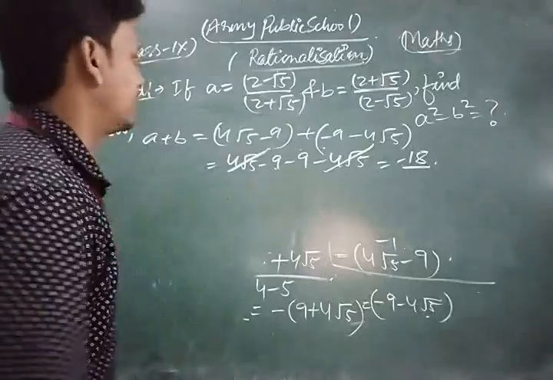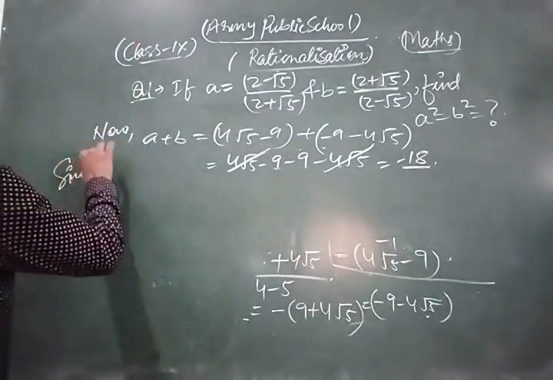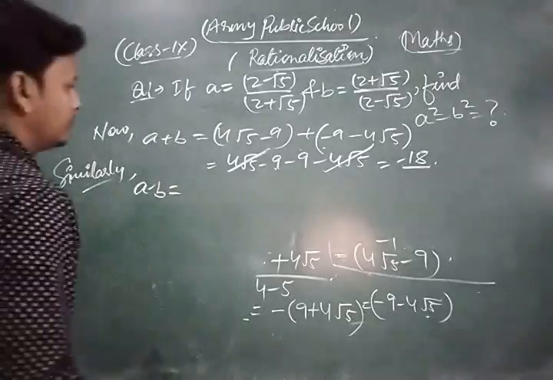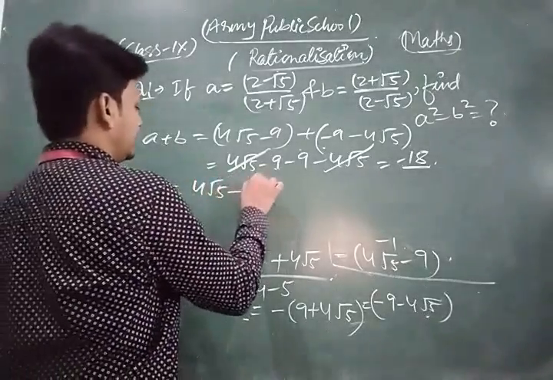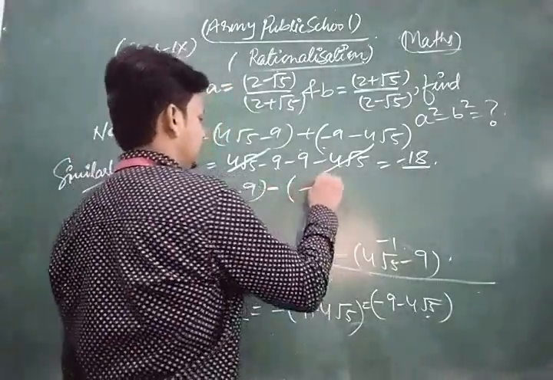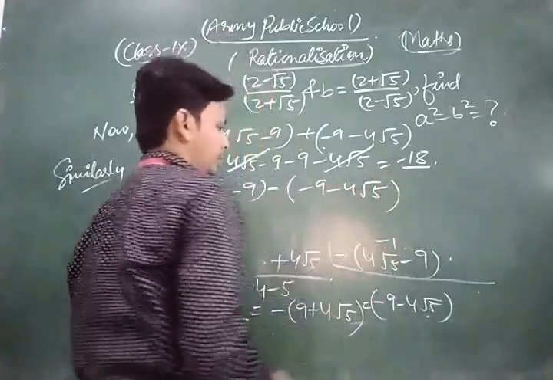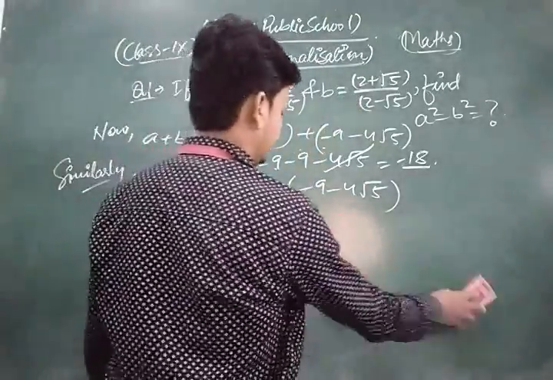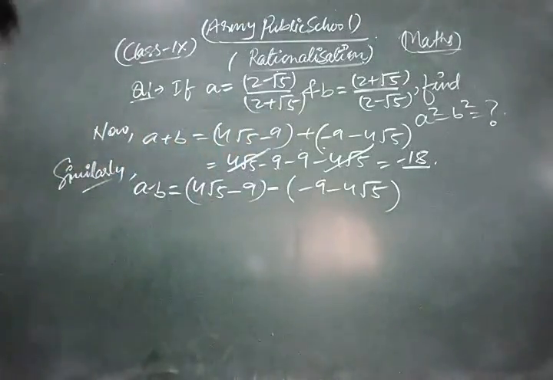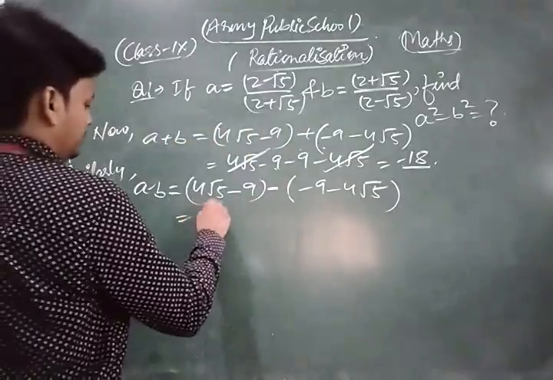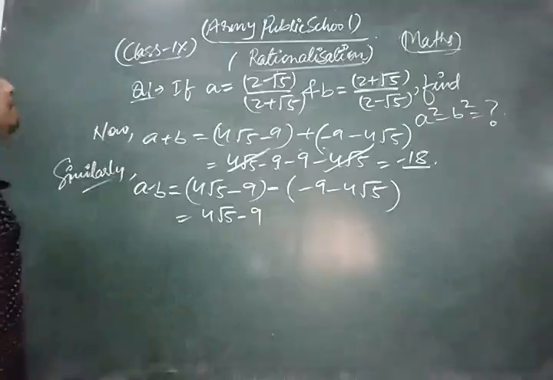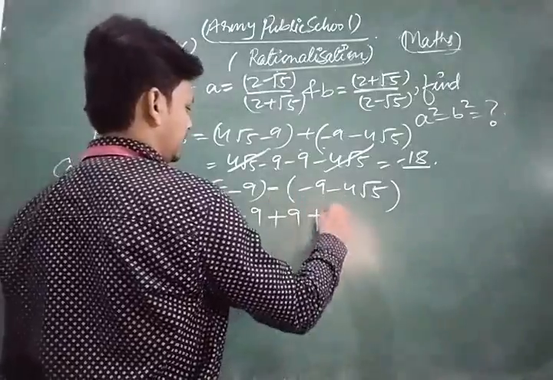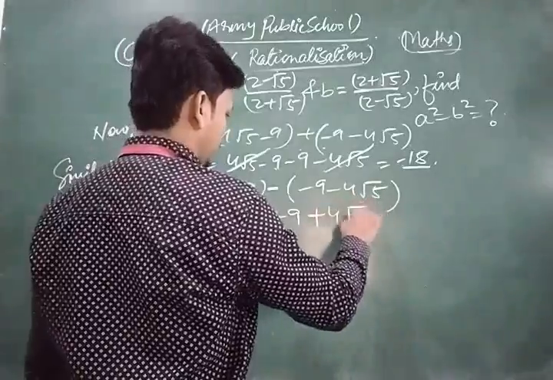Similarly, we find the value of a minus b. a is 4 root 5 minus 9, minus b, which is minus 9 minus 4 root 5. So we get 4 root 5 minus 9 plus 9 plus 4 root 5.